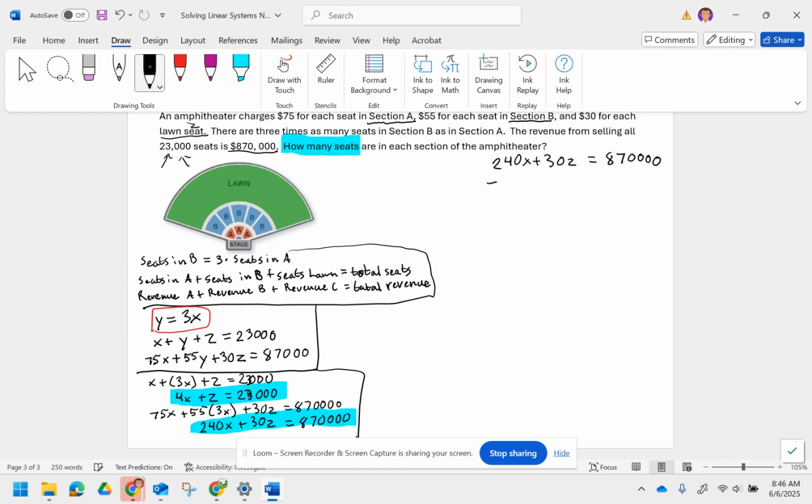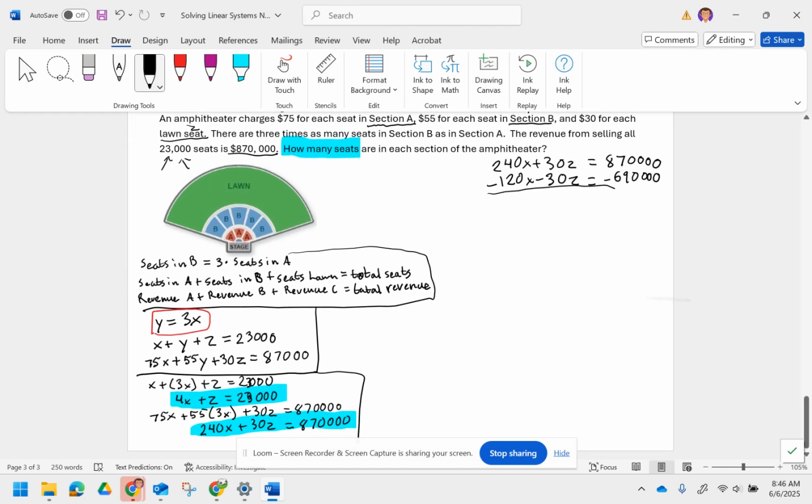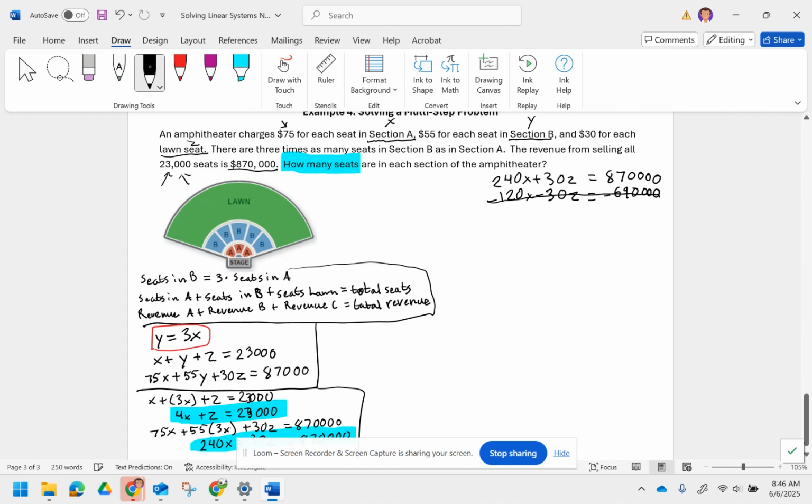So I'll get negative 120x minus 30z, and that should be equal to negative 690,000. Ooh, that was weird. Okay, now that we've got that, just add down. So 120x is equal to 180,000.